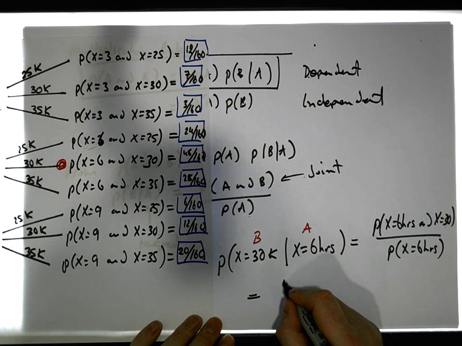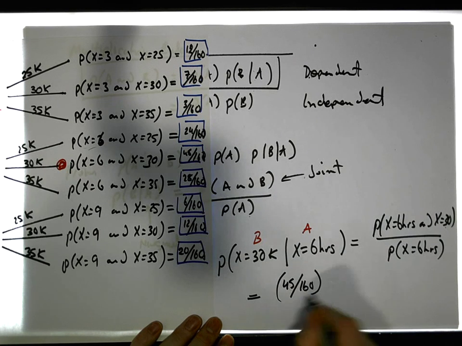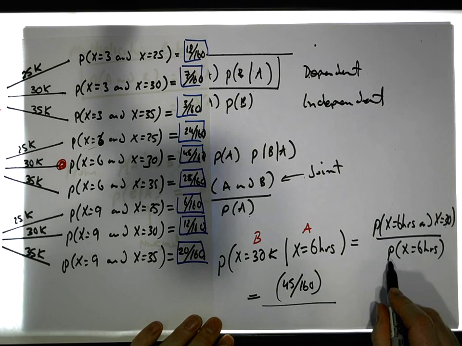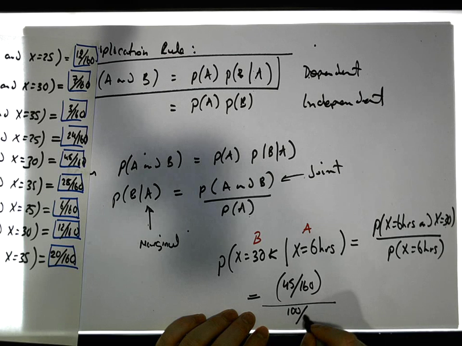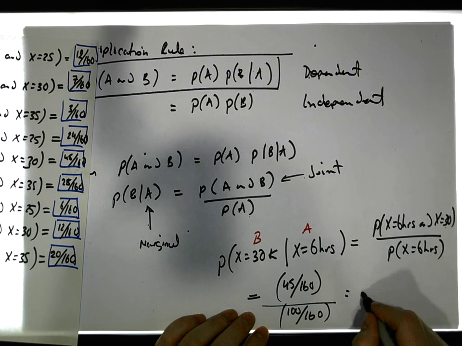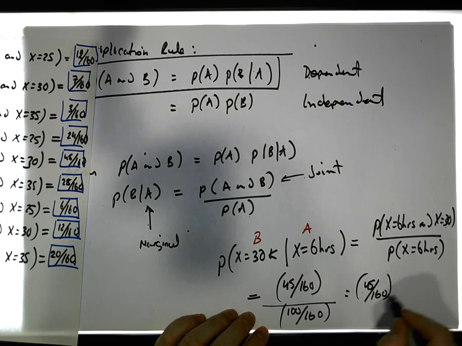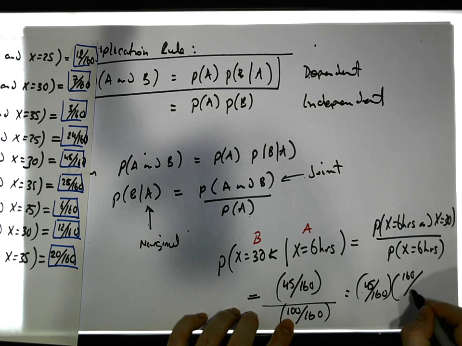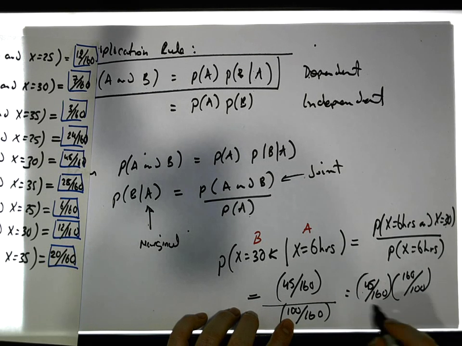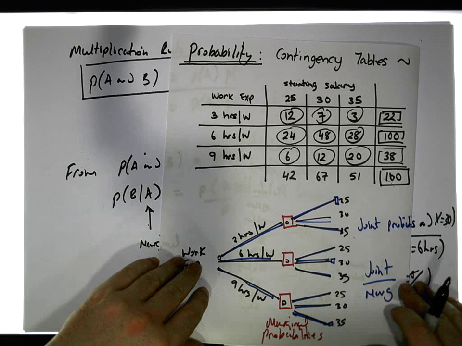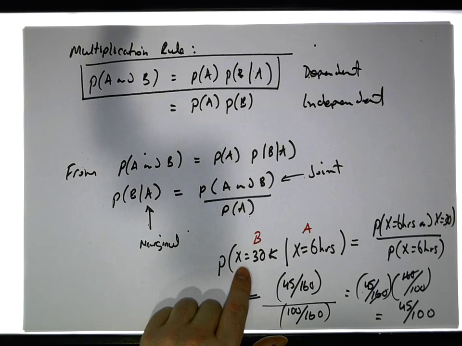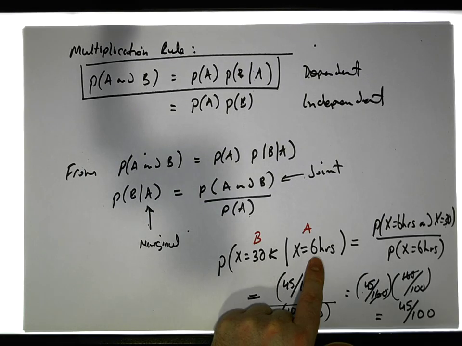This needs to be divided by the marginal probability that they're on 6 hours, which is 100 over 160. Invert and multiply by 160 over 100, they cancel, and that gives us 45 chances out of 100, which is what we'd expect from our table.